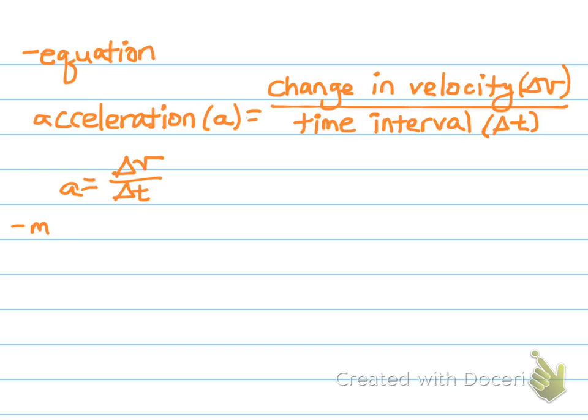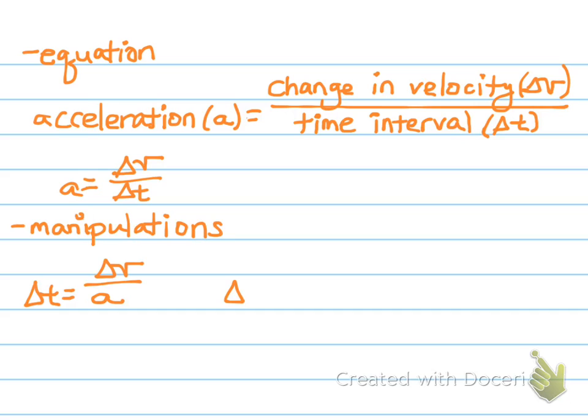So again, you might be asked to use this information to solve for some different things. So we know we have acceleration equals our change in velocity over our change in time. If we're asked to calculate for our change in time, it's going to be our change in velocity divided by our acceleration.